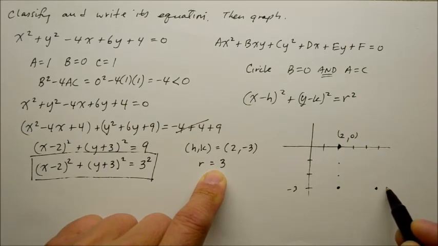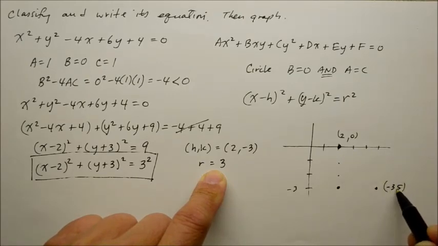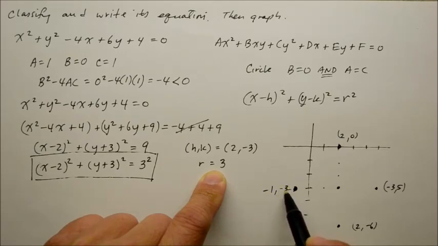So that's going to be negative 3 and what is that? 5. And it's going to be 1, 2, 3. So it's going to be 2 and negative 6. And 1, 2, 3 this way. Ouch. And so there's going to be, what is that? Negative 1 and negative 3.